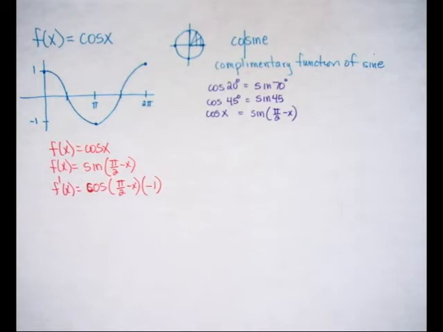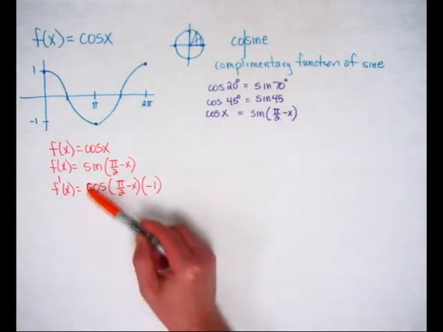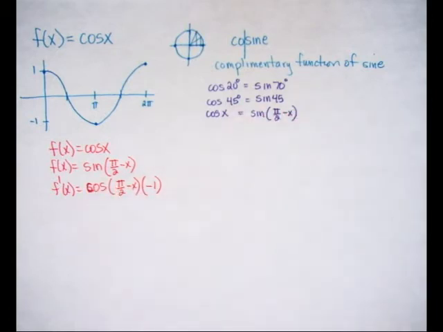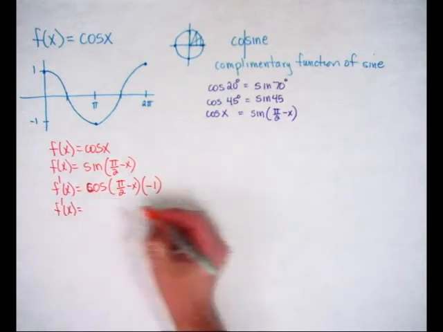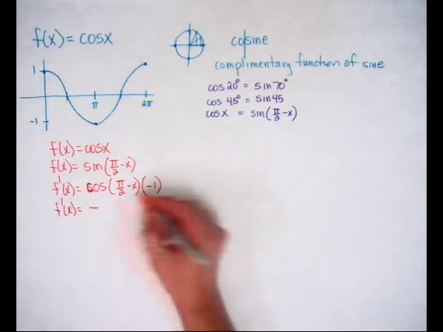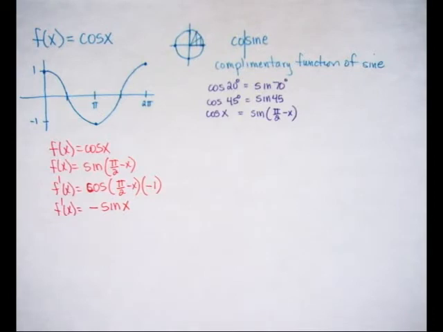Now, it'd be nice to write our final answer without the pi over 2 minus x. So if you think about it, if cos x is sine of 90 minus x, then what is cos of 90 minus x? Well, that's just the sine of x. And so we end up with f prime of x equals, the negative comes out front, and we just get negative sine x. And there's our second derivative of trigonometry.